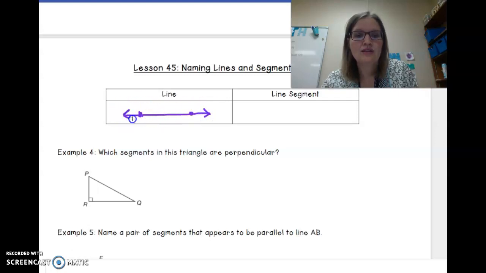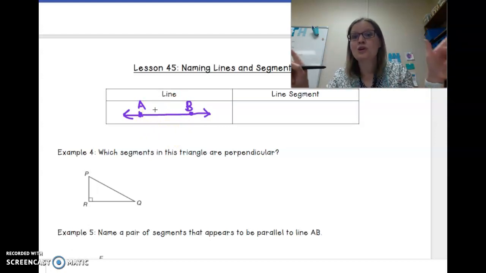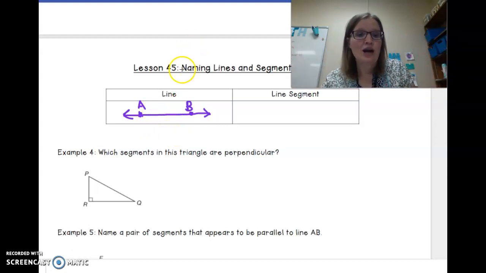This is an example of a line. We'll label this A and this B, and that line will go on forever.